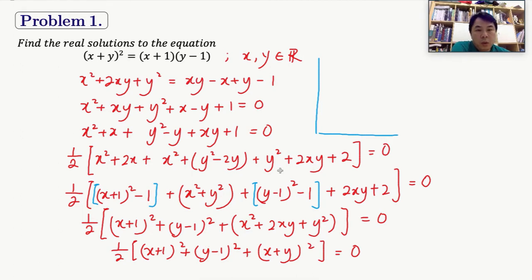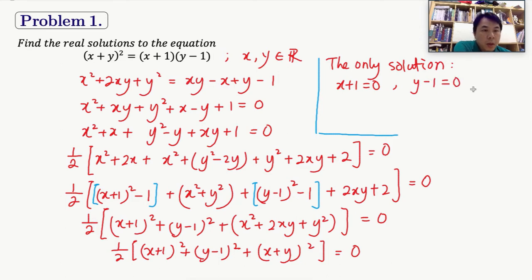The only solution that we can get is when this one is equal to 0, and at the same time this one is equal to 0, and at the same time x + y is equal to 0. That's the only solution that ensures the whole expression yields a 0.